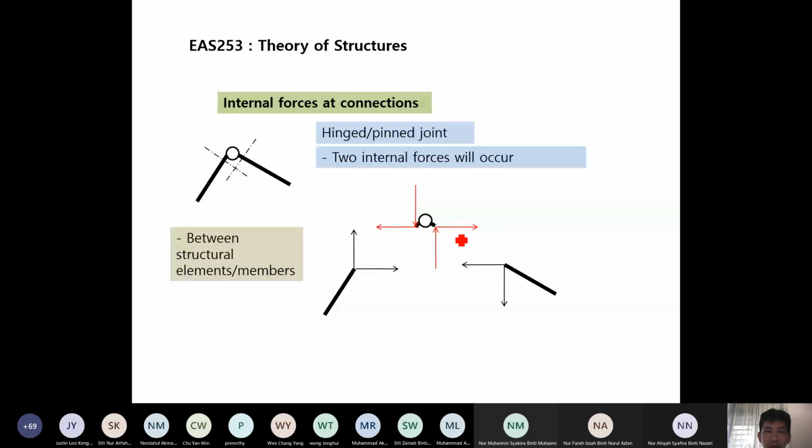The red one and the black one are pointing in different directions, with the same magnitude. So that is what will happen at the pin connections. There are two internal forces.